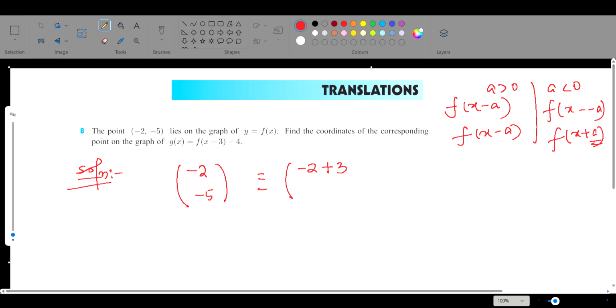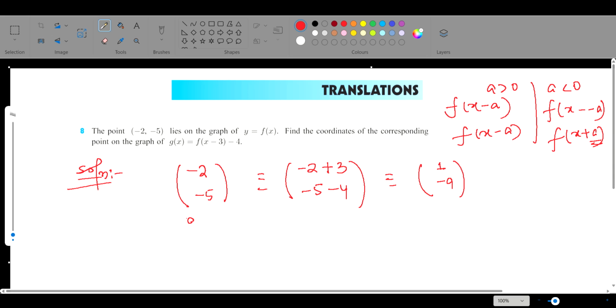So -2 plus 3 gives 1, and -5, but the vertical one is as it is, so -4 gives -9. The coordinate we got is (1, -9).